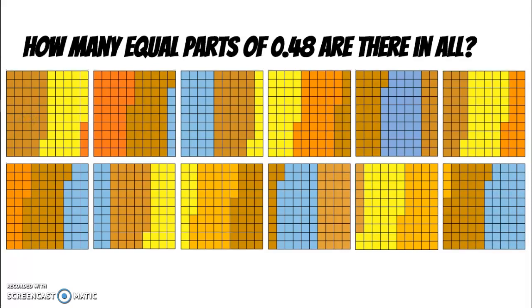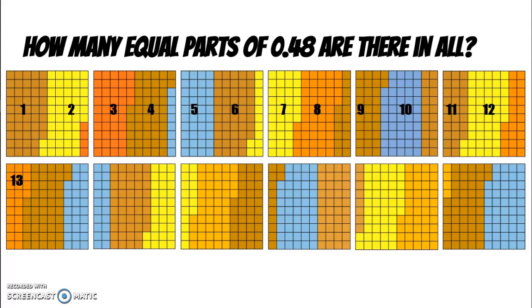So how many equal parts of 48 hundredths are there in all? Well, let's count. 1, 2, 3, 4, 5, 6, 7, 8, 9, 10, 11, 12. Now, I've carried one down, so now I have 13 because it's part and part.